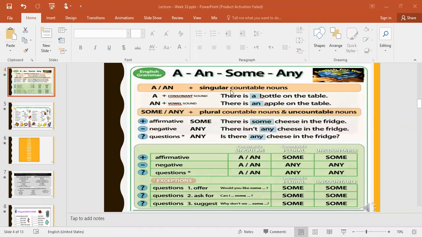For example, there is a bottle on the table. An is used with a vowel sound. When I say there is an apple, an umbrella, and so on. So a and an are used with singular countable nouns. A is used for nouns that start with a consonant letter, and an is used with nouns that start with a vowel letter.